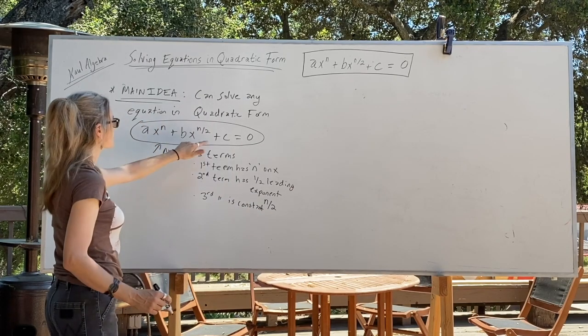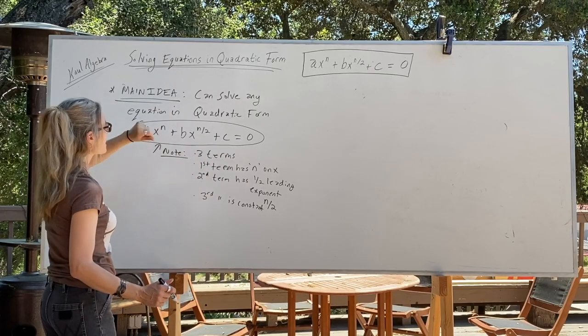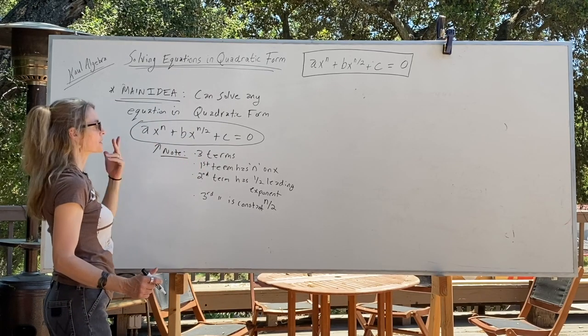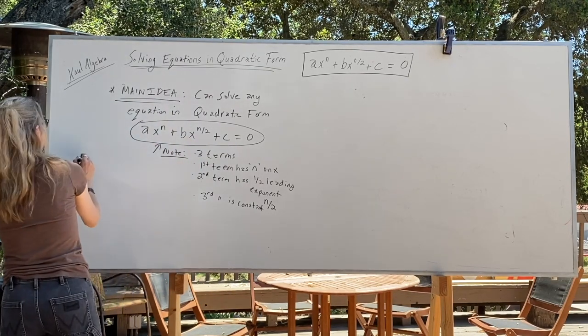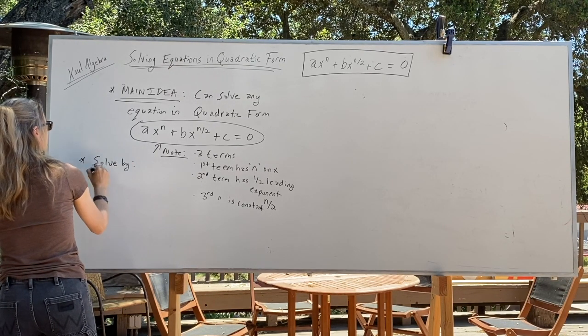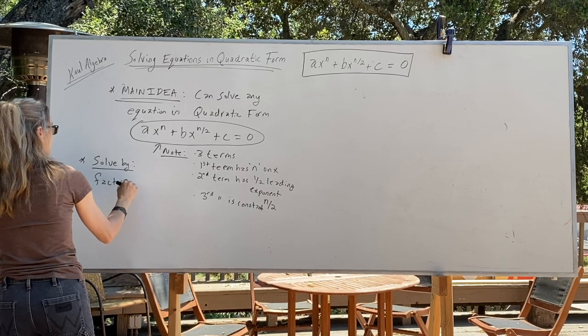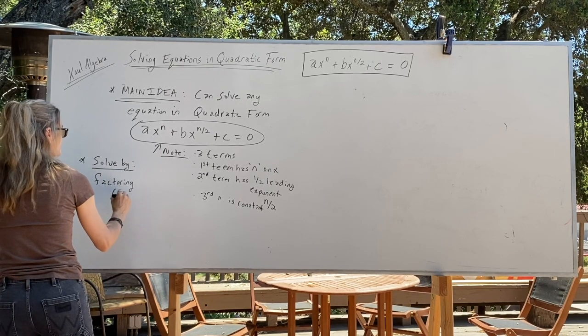Okay, so the third term is constant. So here we have our typical quadratic form, and then when we recognize this, we could go ahead and solve. So the way we do, we solve by factoring. So what you have to do is then solve your factors.